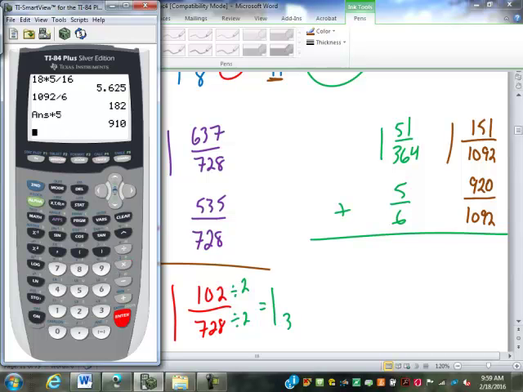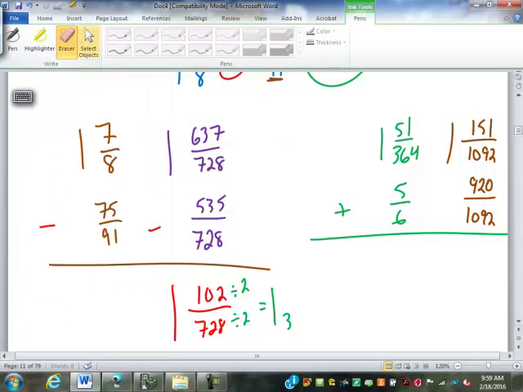It's 910, not 920. Okay. I knew something fell off. And we're adding. So 151 plus 910 is 1061 over 1092. 1 plus nothing is 1.